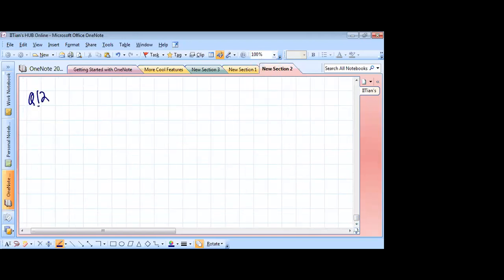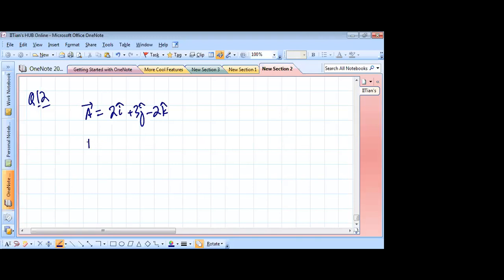So question 12 is given to us that the vector A is this one, 2i cap plus 3j cap minus 2k cap.